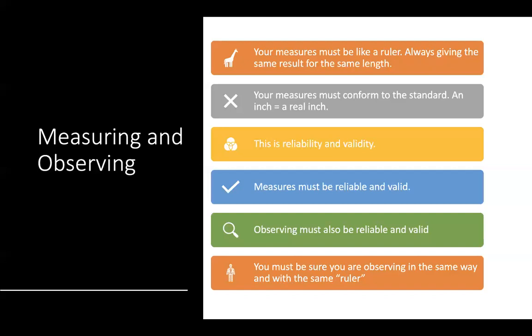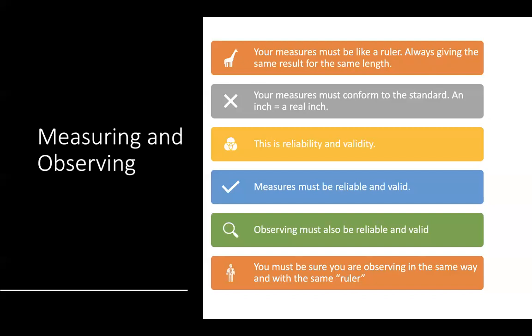So if your measure conforms to the standard, like for example, let's say you have an inch on a ruler, and on your ruler, the inch really corresponds to an actual inch. Now let's say you run across, here's the gold standard of an inch, and they keep it in the museum, and you go in and you look at your ruler and you see, does my ruler match the gold standard? Okay, so then if it does, you know that your inch is actually an inch, that is valid.